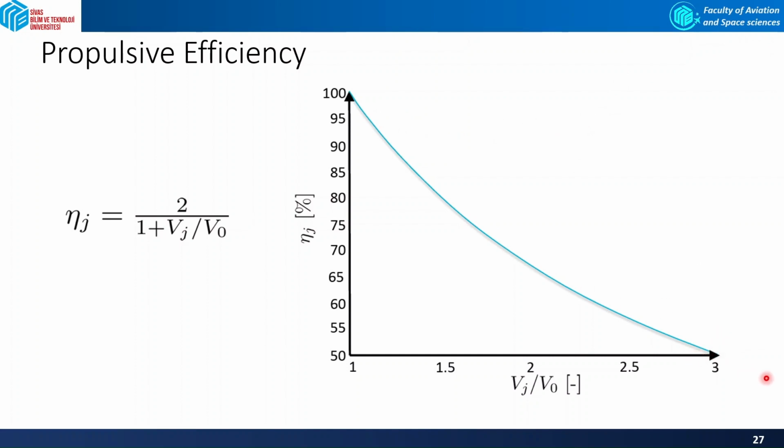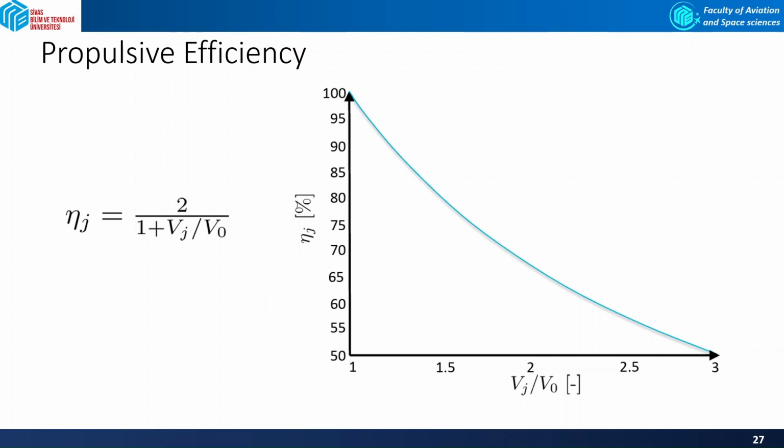In addition, I should mention that the jet velocity is always larger than the V0 velocity, the airspeed of the vehicle, and therefore propulsive efficiency is always smaller than 1 or smaller than 100%.